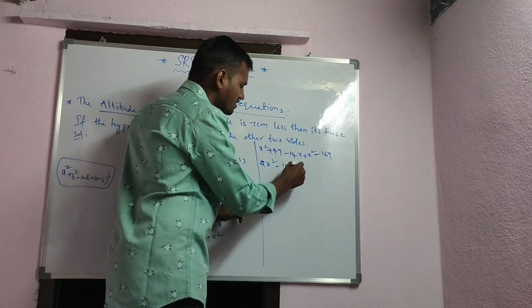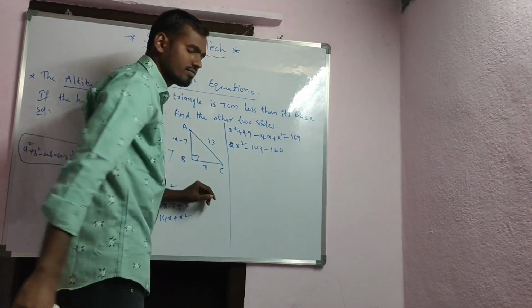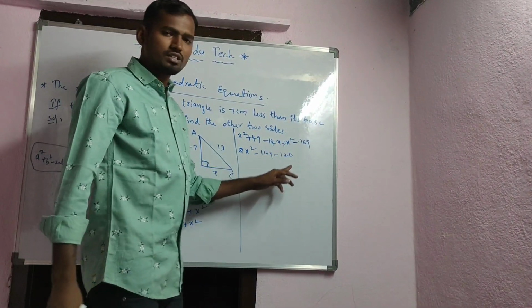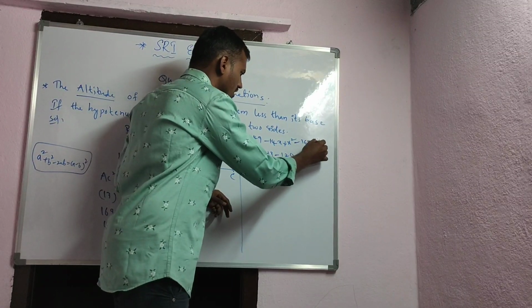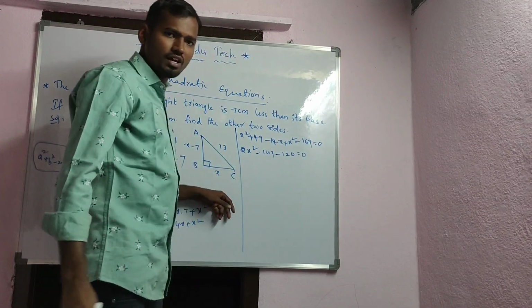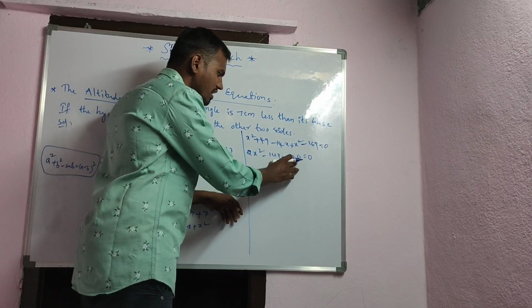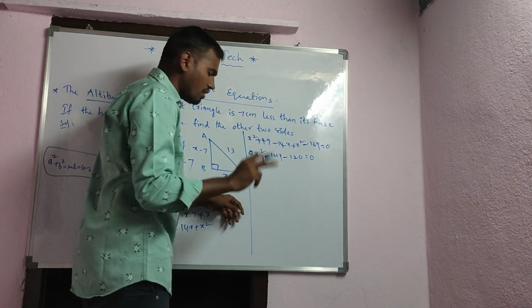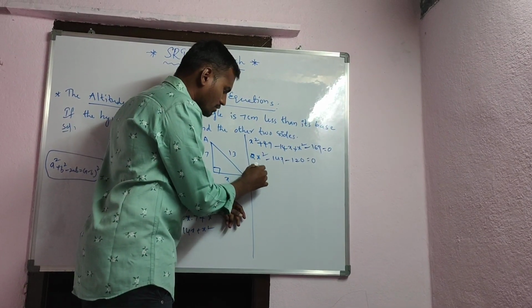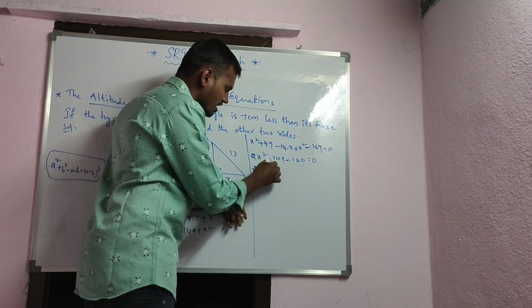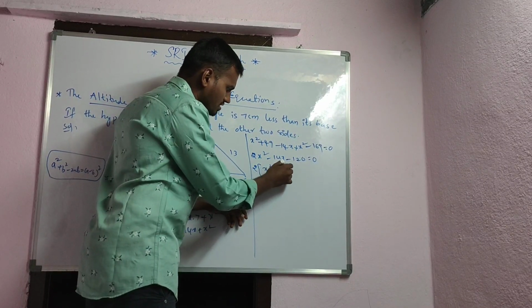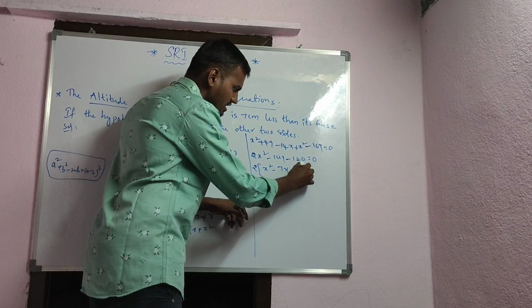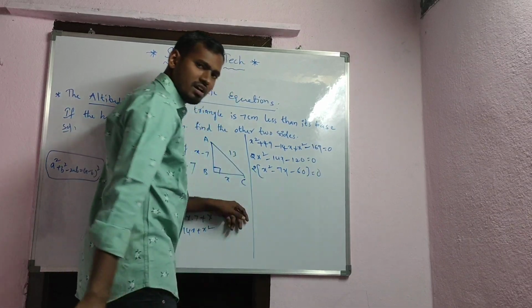Minus 120. Okay, minus 120 is equal to 0. Okay, right? See, so from this we have to take common 2. I am taking common 2 here, then remaining x square minus 7x minus 60 is equal to 0. Let us check it.